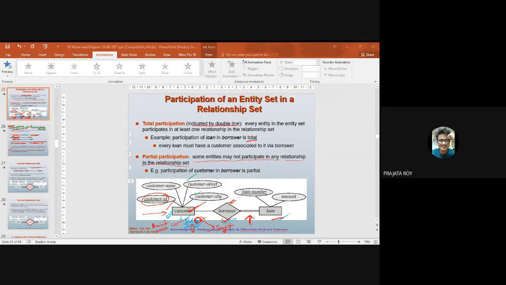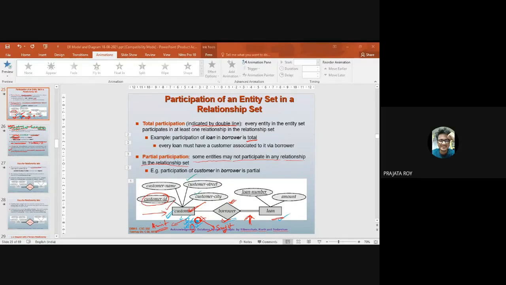Yes, sir. This one, access date. This is a descriptive attribute of this relationship. Is the slide visible? The slide, relationship set with attributes, is it visible?